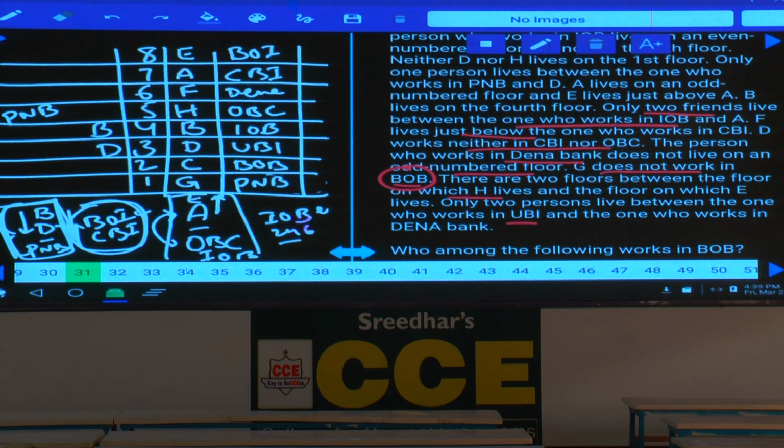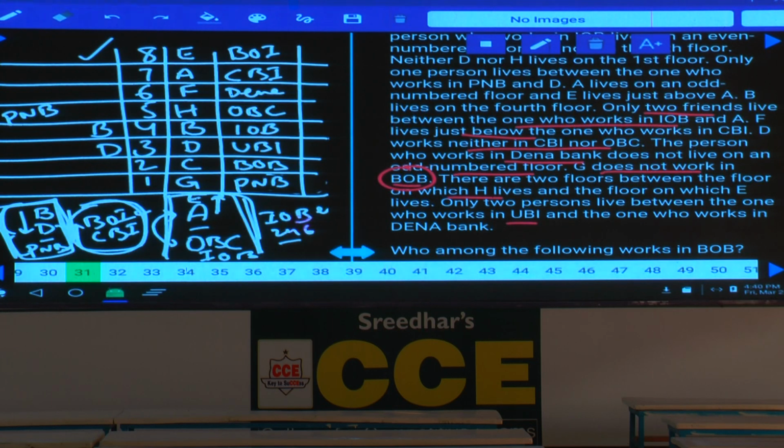Only one definite information is given regarding B. Out of these 8 persons, only one definite information is not sufficient, isn't it? Hence we have taken this information, and we have covered the maximum number of people. As you have covered the maximum number of people, the possibilities will be very few. And if a definite information is given, then we will fix it here. And if it is not given, this is how to crack these type of models.